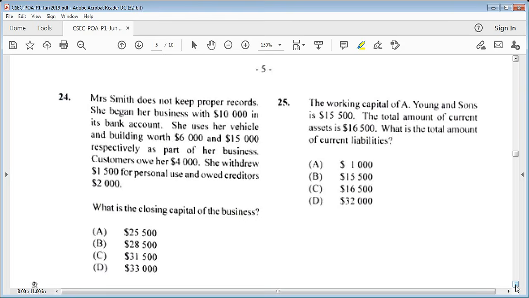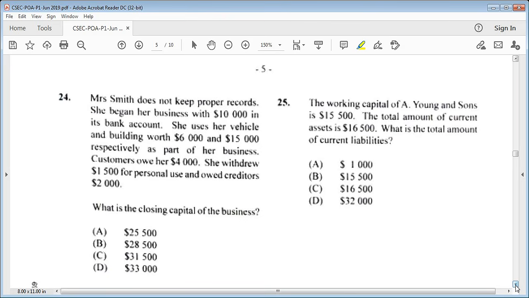Now, let's look at the amount that she put in the business, $10,000. So that's her capital, $10,000. Now it says she withdrew $1,500. So we're going to have to less drawings from our capital. So $1,500 from $10,000, we get $8,500.